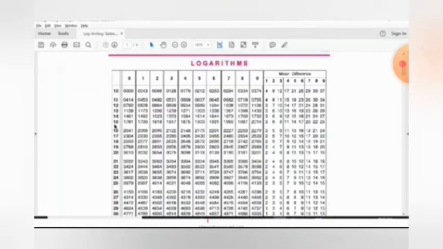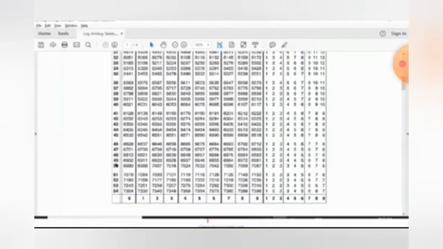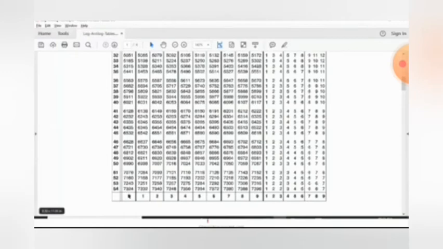When you move across number 49, take the value corresponding to 49 from the 2's column. That's why we take it as 49 into 2.